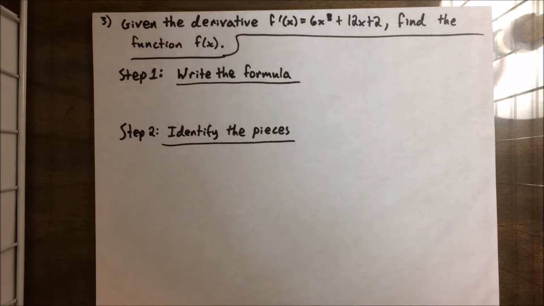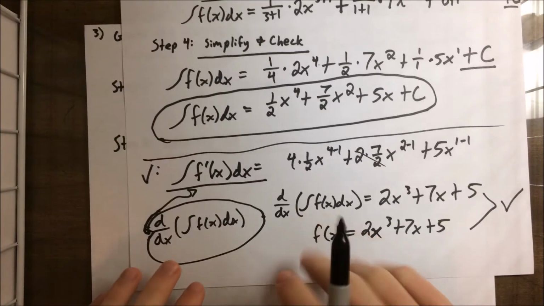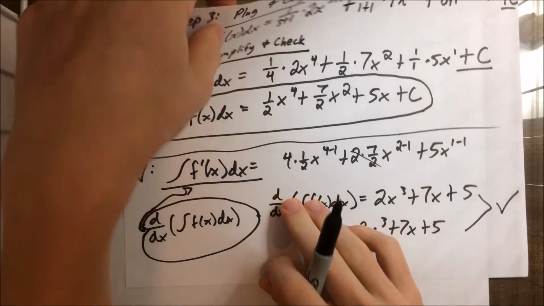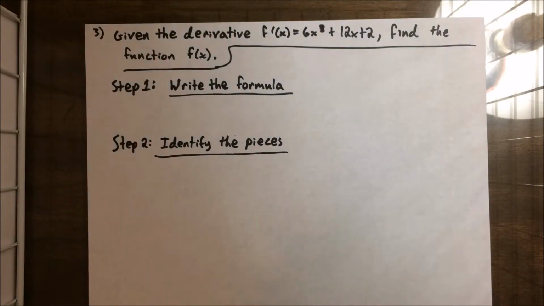So given the derivative f prime of x is equal to 6x cubed plus 12x plus 2, find the function f of x. So we already know that the integral of the derivative is the same thing as the base function.